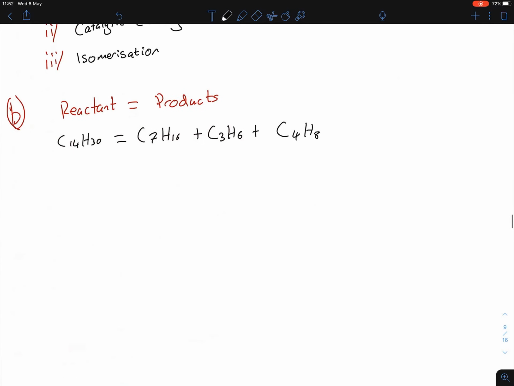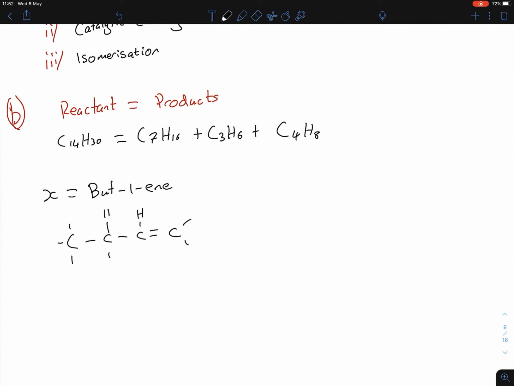So X equals butene, but-1-ene to be precise. And we'll draw ours out. 1, 2, 3, 4, put the double bond there, and make sure that each carbon atom has 4 bonds.